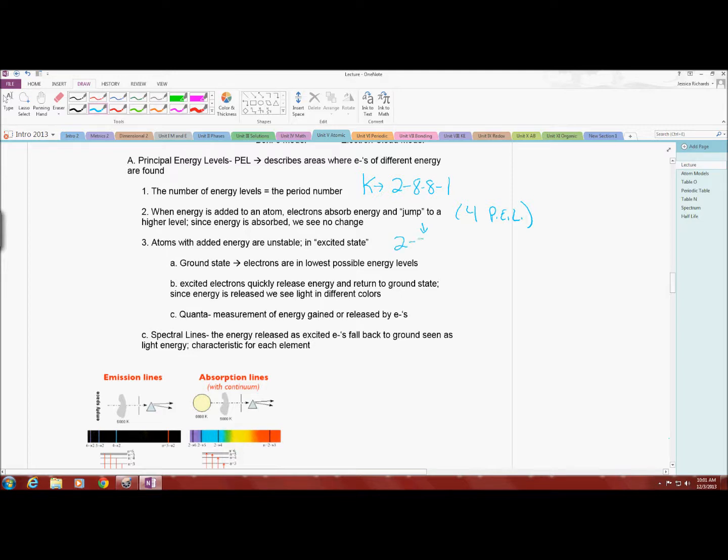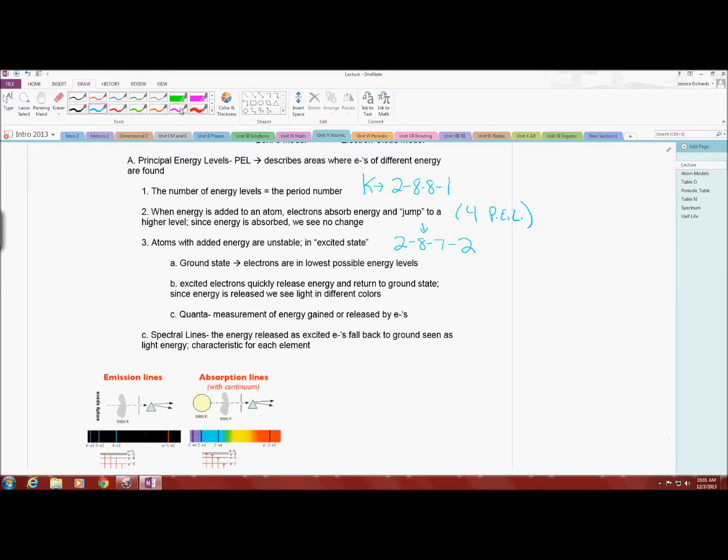As long as I keep 19 electrons, and I don't go over my maximum of 2 electrons in the first principal energy level, maximum of 8 in the second, 18 in the third, 32 in the fourth. As long as I don't go over those maximum numbers, then I can rearrange these electrons however I want.